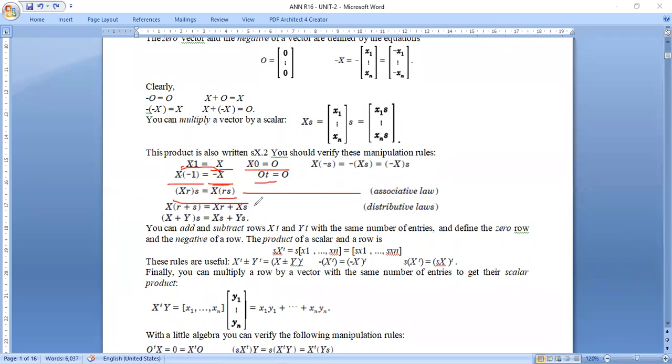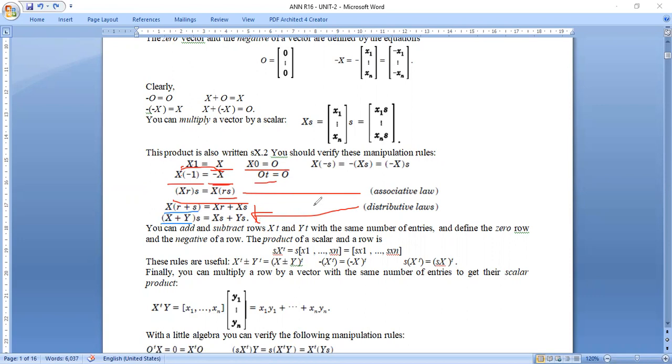Distributive law. Below we have two formulas for the distributive law. So what are the distributive laws here? x into r plus s equals xr plus xs. You may write it like this also. If you can write it like this, then this is a distributive law. Or otherwise you may write x plus y into s equals xs plus ys.